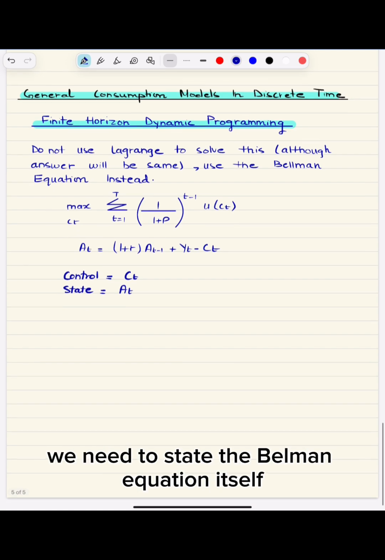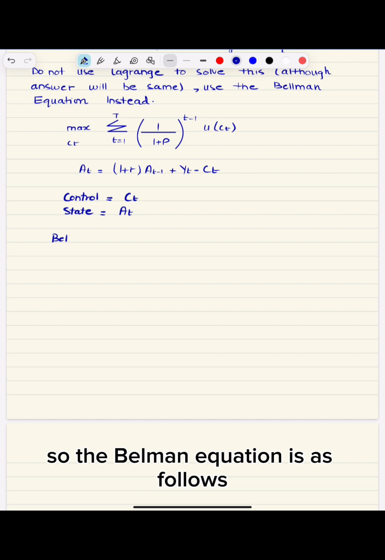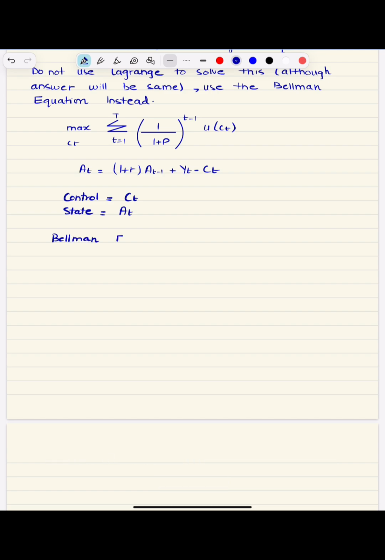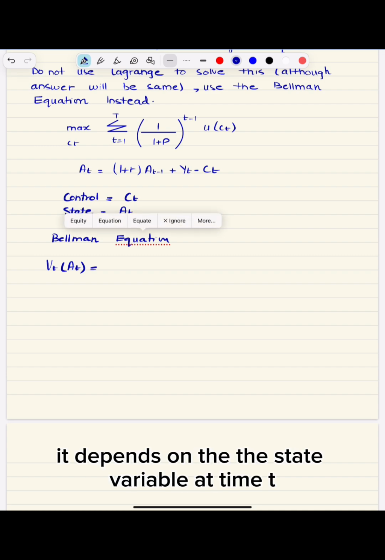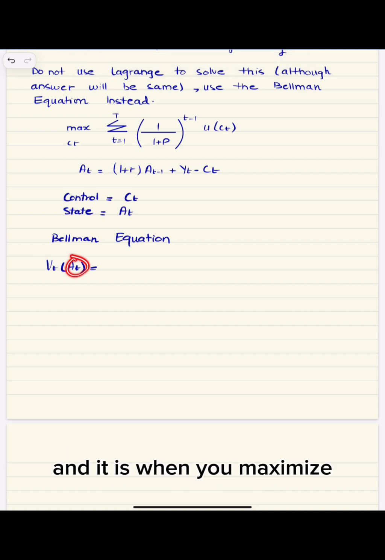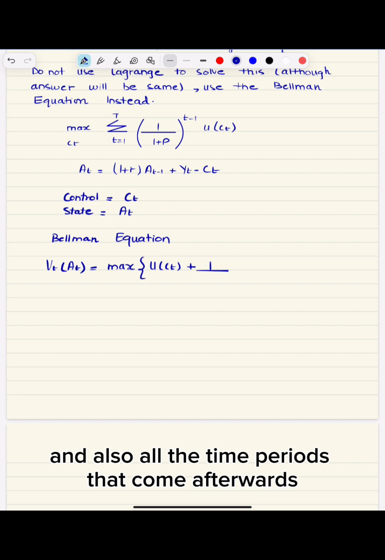Okay, so first of all we need to state the Bellman equation itself. So the Bellman equation is as follows. The utility at time period t depends on the state variable at time t, and it is when you maximize the utility in that time period and also all the time periods that come afterwards.